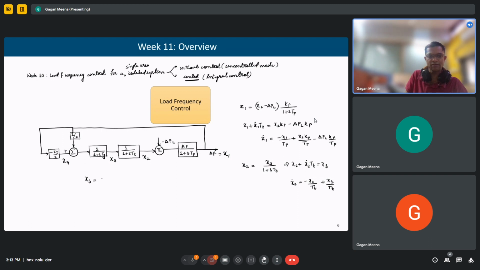Similarly, X3 is equal to X4 minus X1 by R, multiplied by 1 by 1 plus s Tg. So X3 plus X3 dot into Tg is equal to X4 minus X1 by R. This gives X3 dot is equal to minus X1 by R Tg minus X3 by Tg plus X4 by Tg.